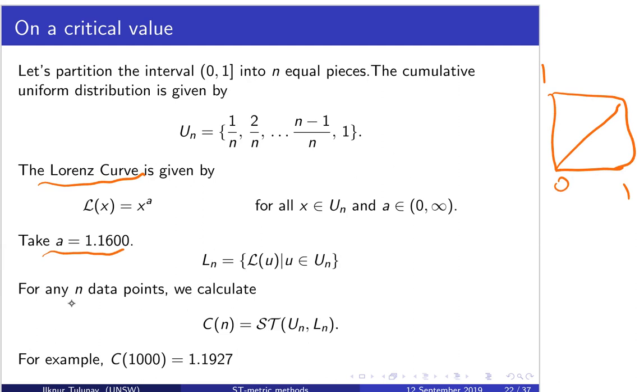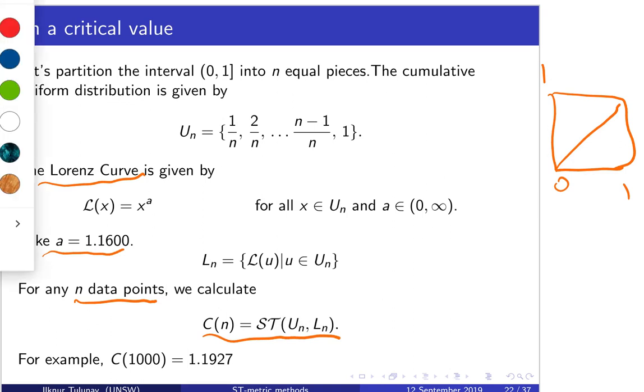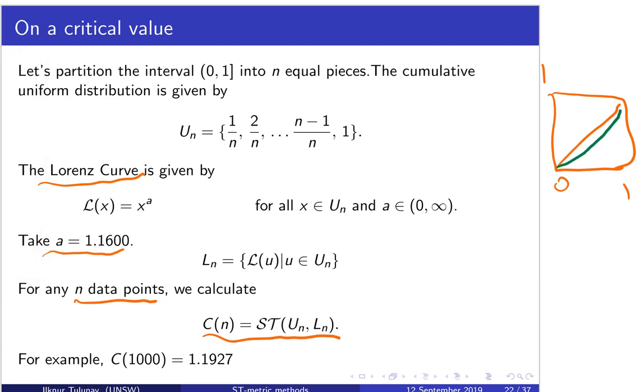If you have n data points, you calculate the ST metric between U_N and the Lorenz curve. The Lorenz curve will be something like this here. For n data points, this will be a certain number for each n.